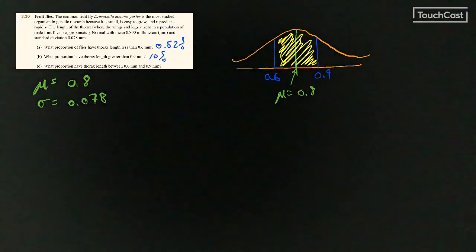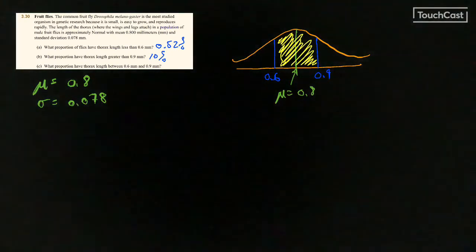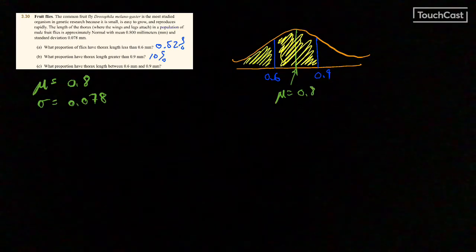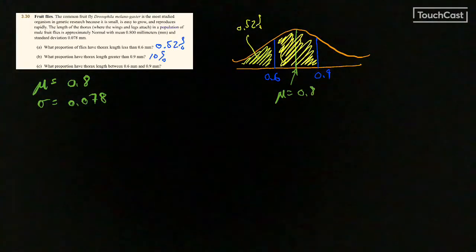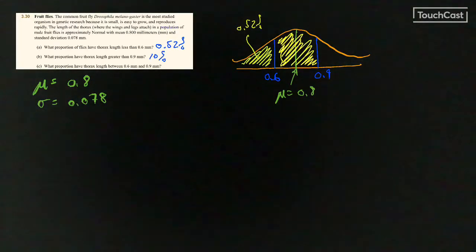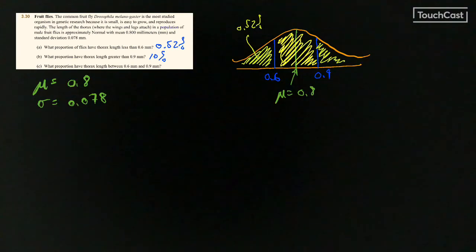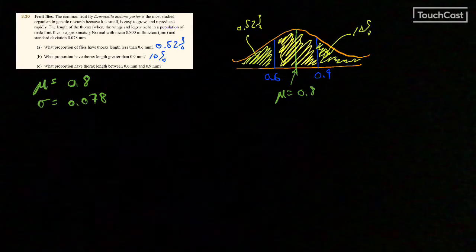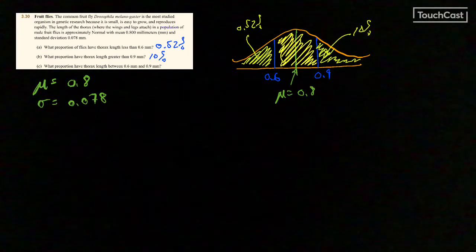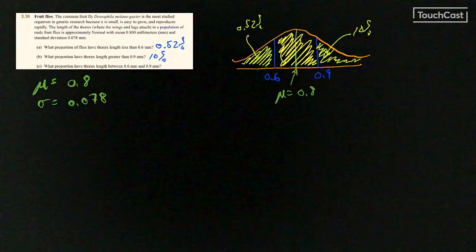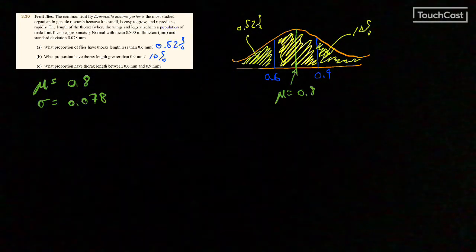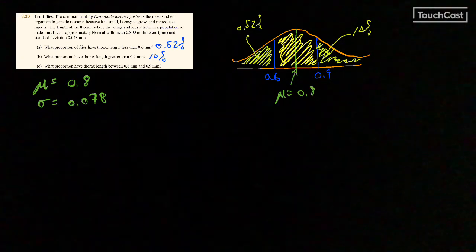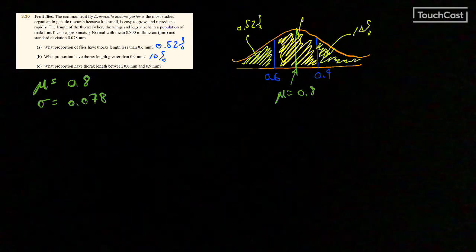So this 0.5% dealt with this part right here. The 10% dealt with this piece right here. So it's a natural progression to say, okay, I know the two tails, what the percentage is, so whatever gets all of these numbers to add up to 100 is what is going to represent the middle here.